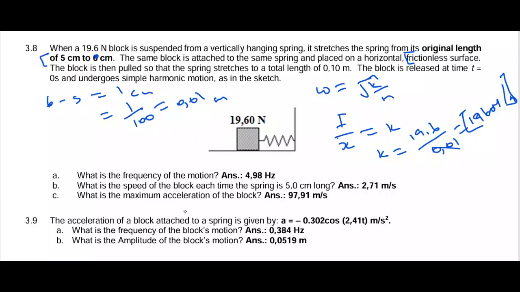Let's check again. They say, what is the speed of the block each time the spring is 5.0 centimeter long. So now we're dealing with the maximum, which is the amplitude. This is where the spring can stretch.